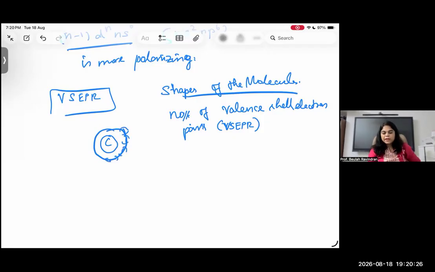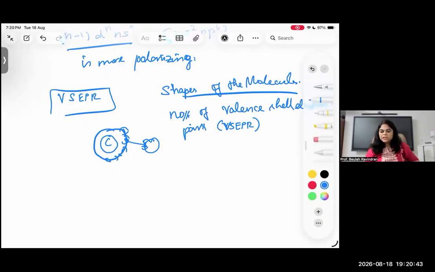And if you talk about hydrogen, hydrogen has 1 electron in its valence shell. So this electron and this electron, if you take as a pair, this is going to create a bond, a mutual sharing of a pair of electrons.